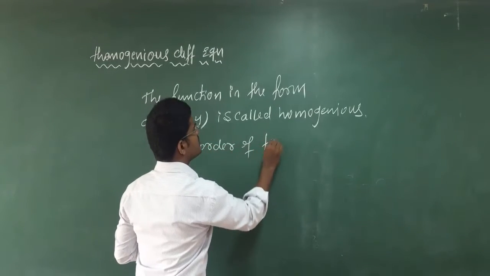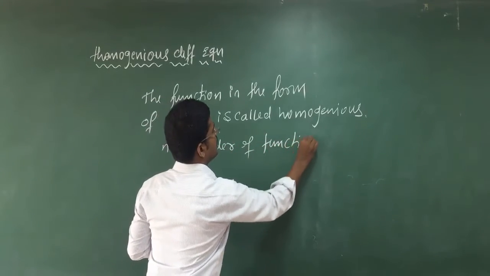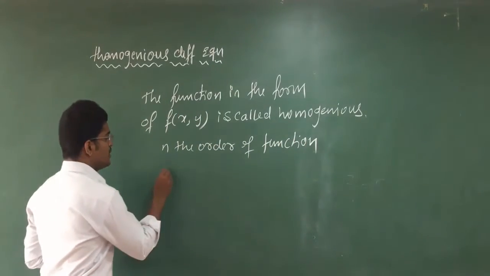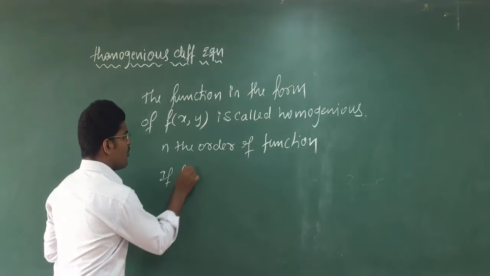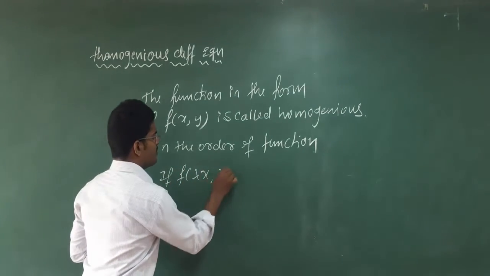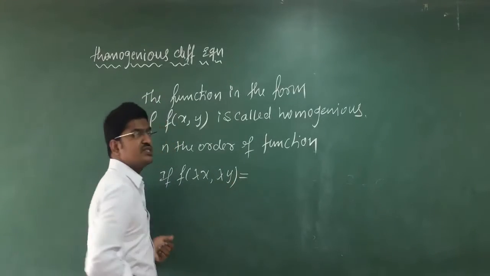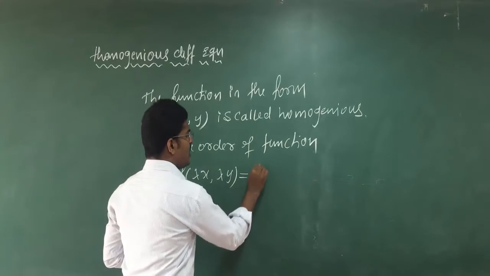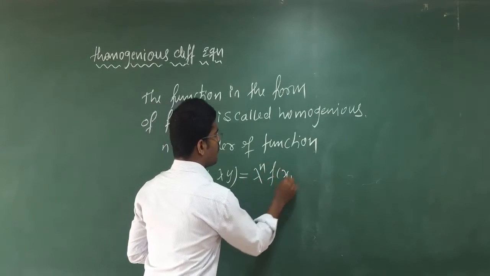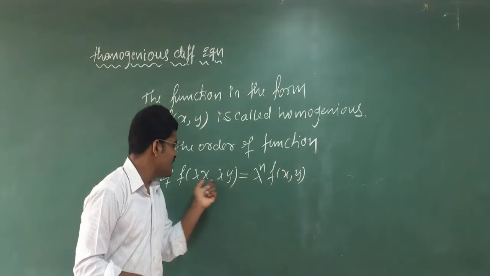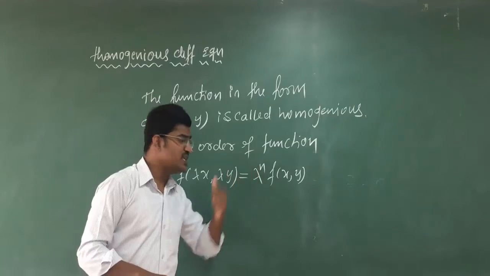In the same way, let us see the nth order homogeneous function. That means if f of lambda x comma lambda y is a homogeneous function, it must imply lambda to the power n times f of x comma y. That means you can take lambda as a common term with the power of n.